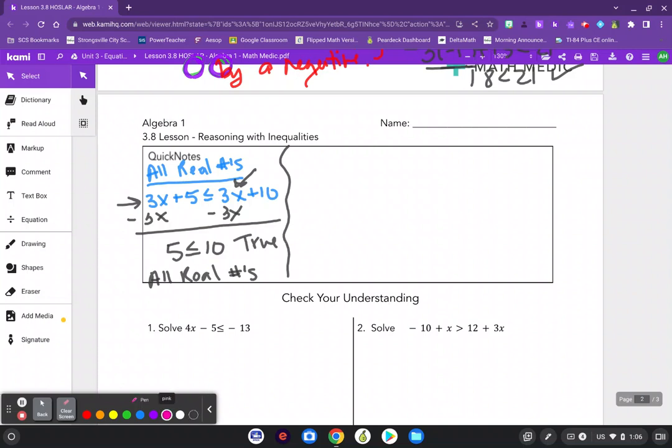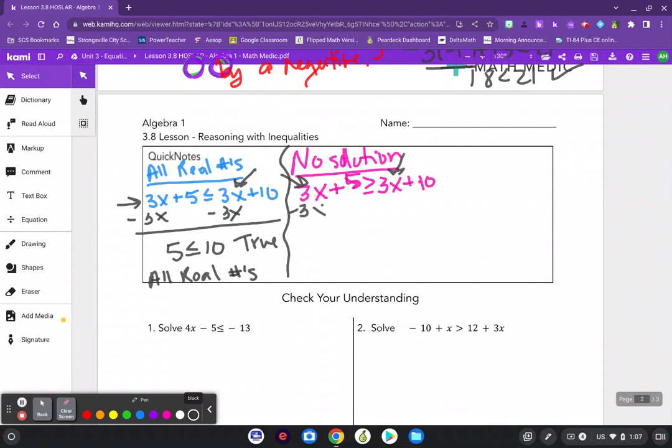Another example would be if I have no solution. There's no number for x that would make this true. So an example of that would be if I have like 3x plus 5 is greater than or equal to 3x plus 10. Again, notice that my variable term is the same on both sides.